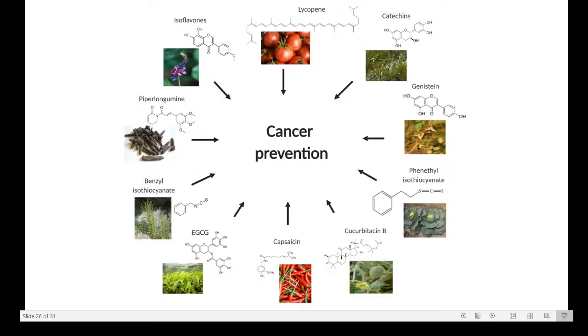What are the things we are using for cancer prevention? Piper longum, in Tamil it's called thippili, is related with piperine. Pepper has some medicinal property, and Piper longum typically has more activity than the pepper.